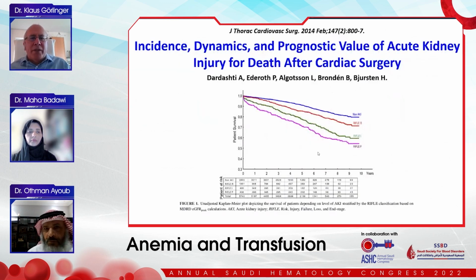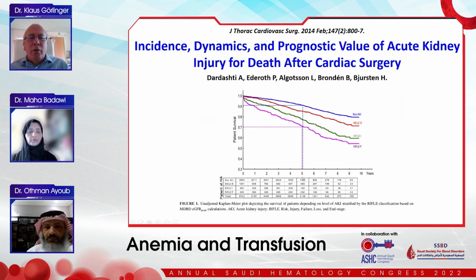Why is this important? We know from studies looking at long-term outcome, and of course these studies take quite a lot of time, that acute kidney injury after cardiac surgery is associated with significant long-term outcome.